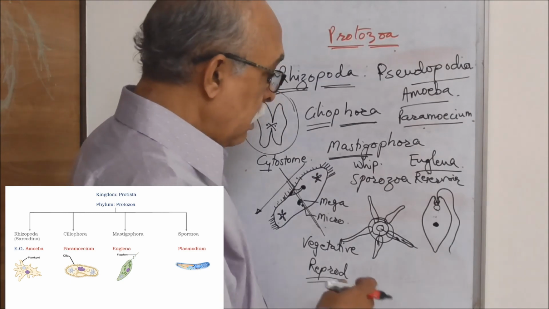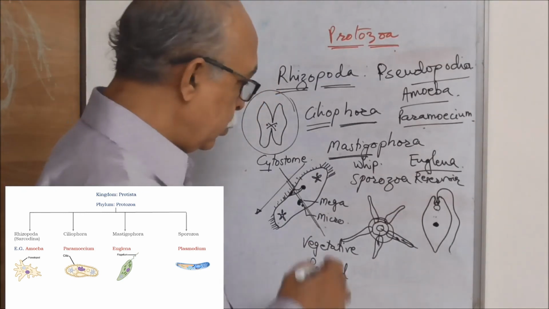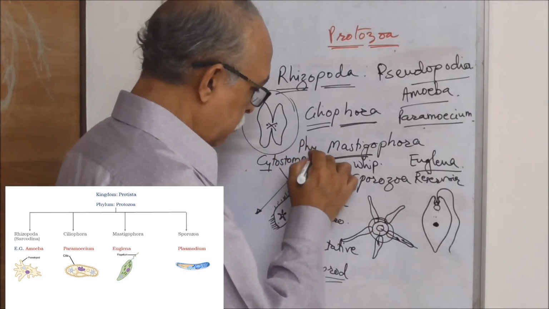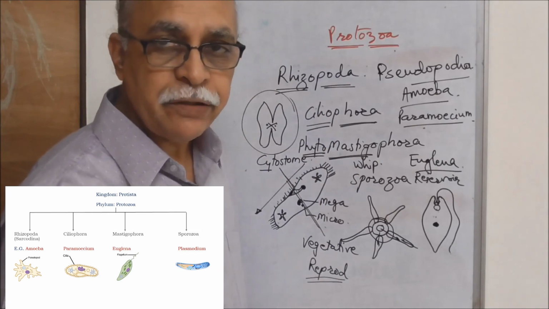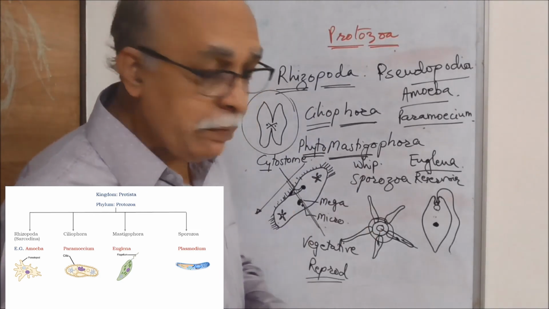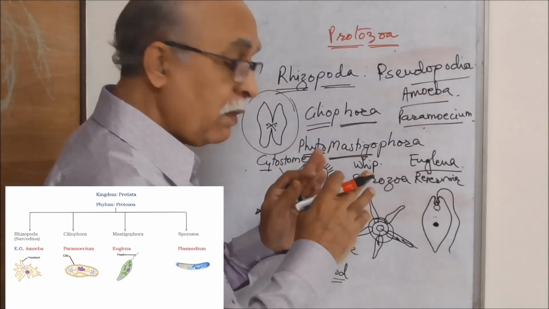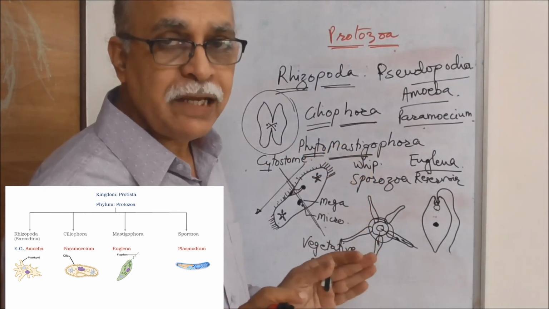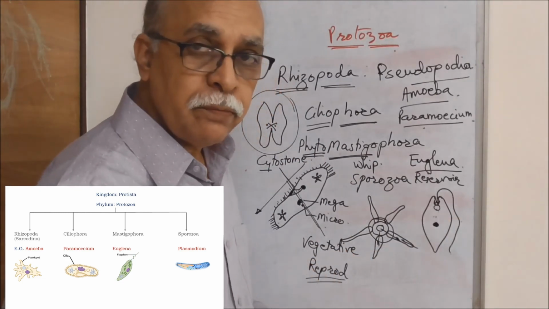Rather, this is called a phytomastigophoran, because it has a plant-like feature, presence of plastids, presence of chloroplast. There are other mastigophorans which are zoomastigophorans, in which plastids are absent. Flagellum helps in locomotion.